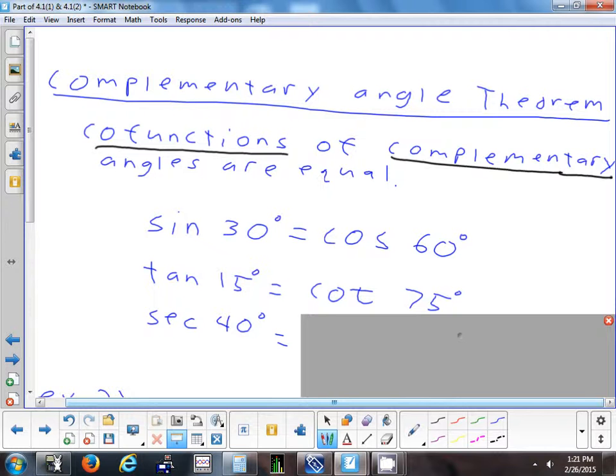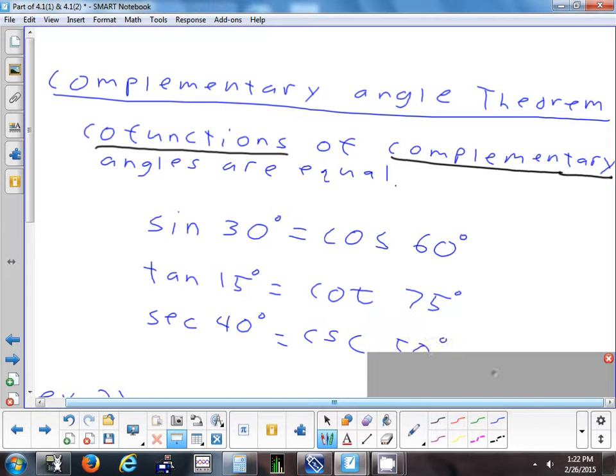So you're looking in that list, find the cofunction for tangent, and then find a number that adds up to 90 with the one you were given. That makes it complementary. Okay, and how about somebody else? The last one, we have secant 40. What would that be the same as? Yep. Would it be cosecant 50? Cosecant 50. Yep. Good.